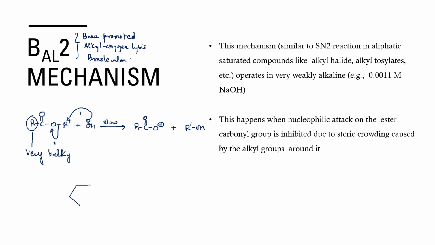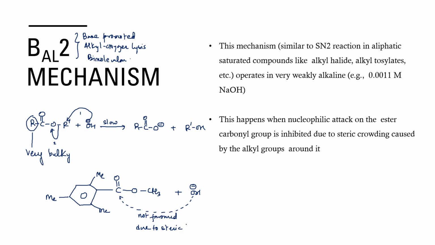So मान लीजिए कि एक काफी sterically hindered alkyl group मैं ले लेता हूं, which is connected to C. And over here we have CH3. Let's try and understand. If you present OH minus in front of it, OH minus cannot attack over here. This attack is not favored due to steric hindrance.